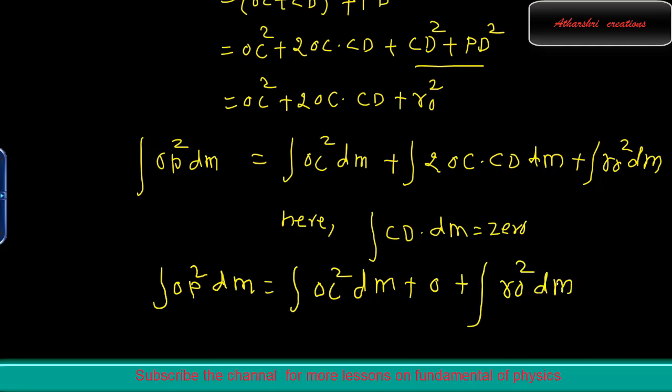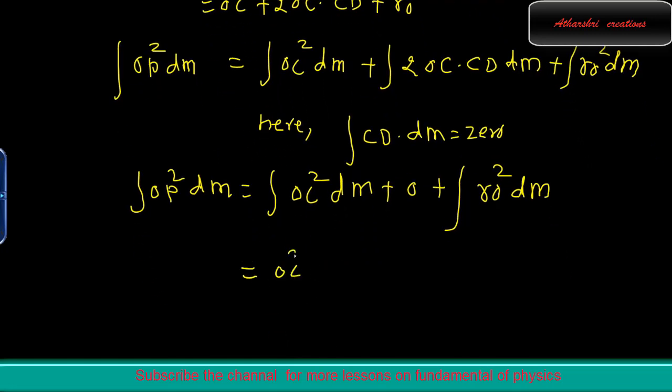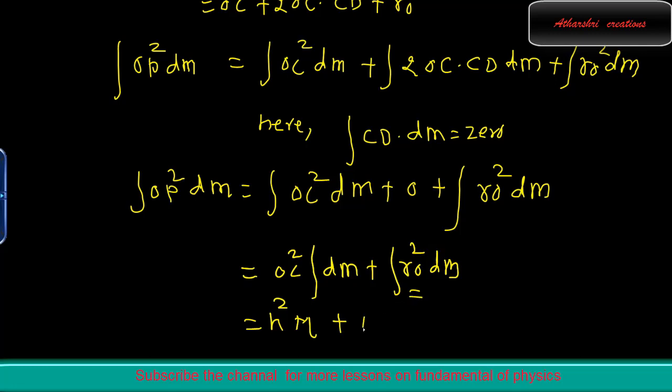Now see, the distance OC is always constant, hence we can write OC square is constant, that is OC square times the integration of dm plus the integration of R0 square into dm. Now this OC is nothing but h square, the integration of dm is M, and the integration of R0 square dm is IC. Now the integration of OP square dm is nothing but IO.